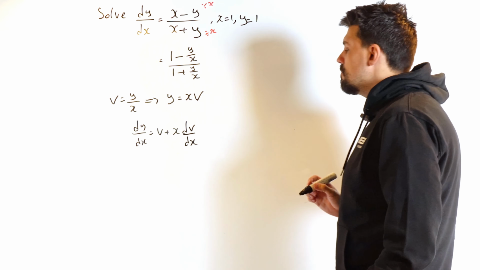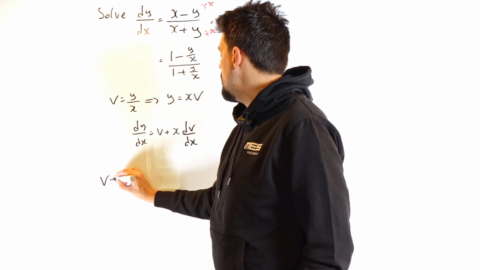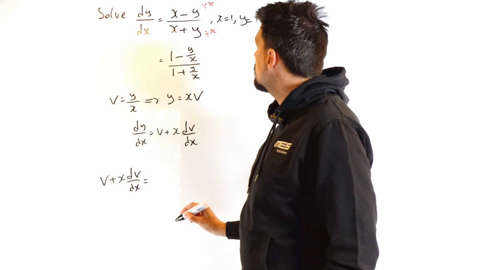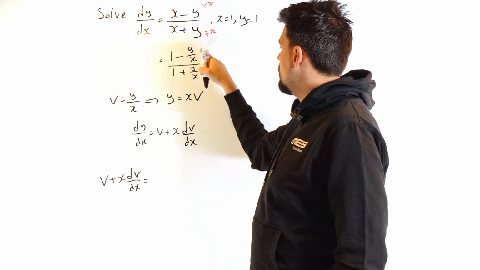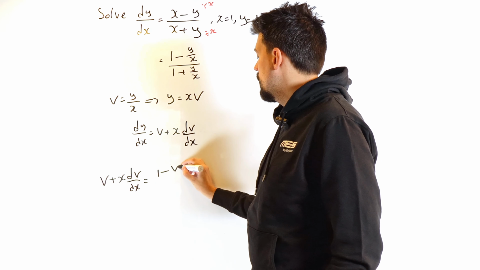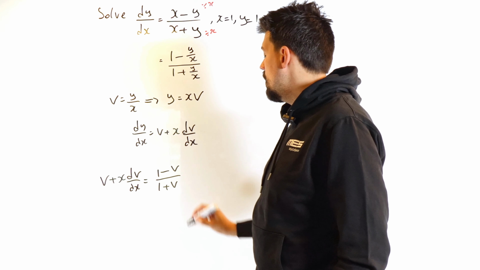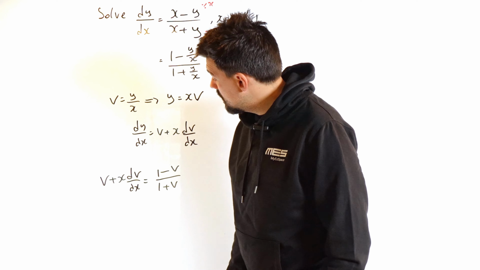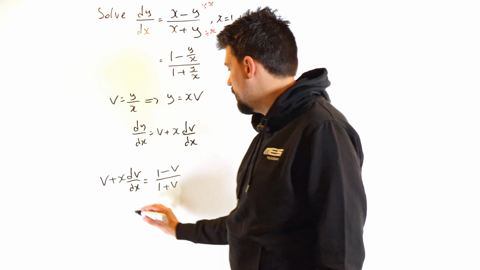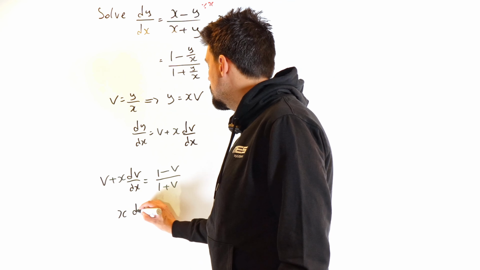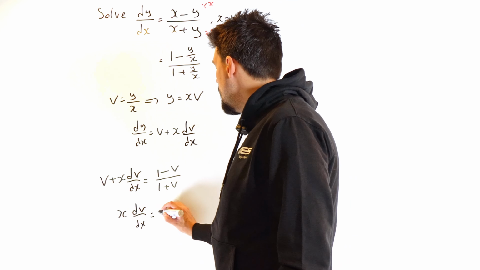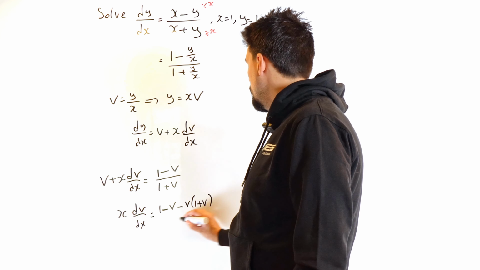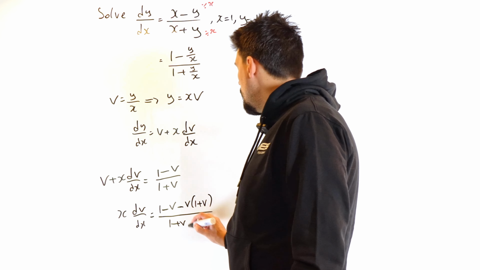So my differential equation now becomes v plus x dv by dx is equal to 1 minus v over 1 plus v. And actually, this is separable. We can separate the variables on this. x dv dx is 1 minus v times 1 plus v over 1 plus v.